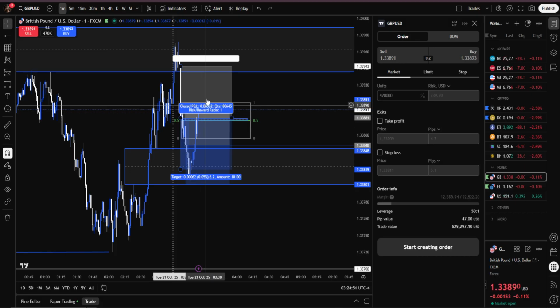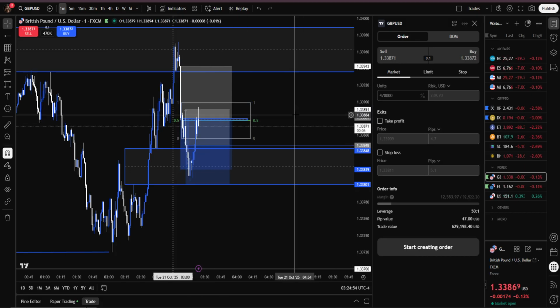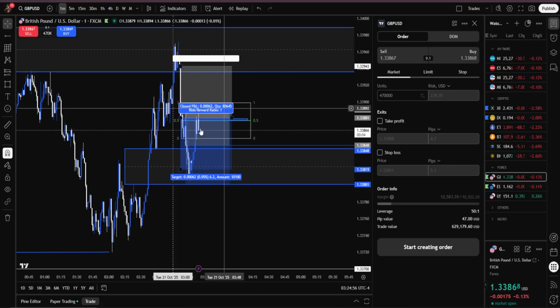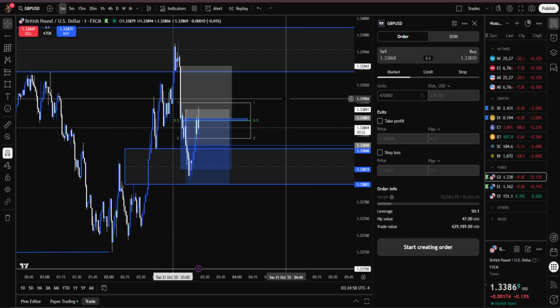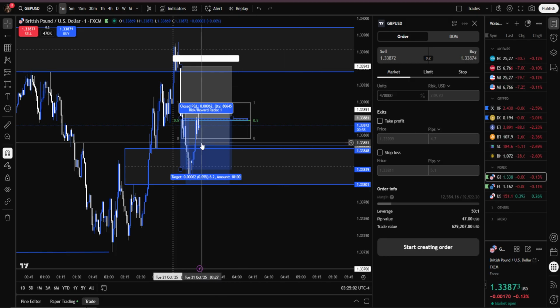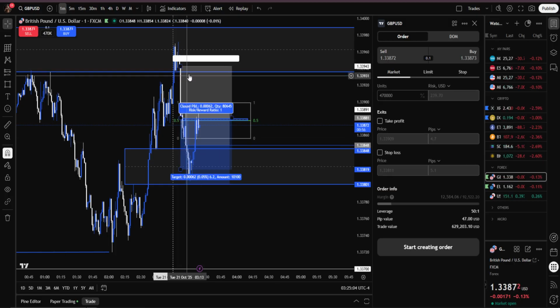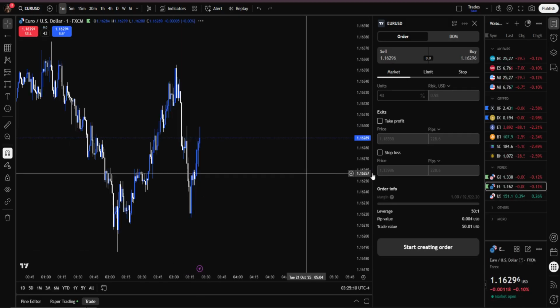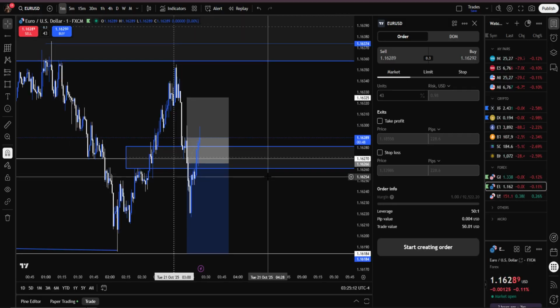So good anticipation there, closing at break even. Even if we move off this, the trade I was in would have already been stopped out. That's why I closed. If I had good stops, if my target was here, heck no, I'm not closing.